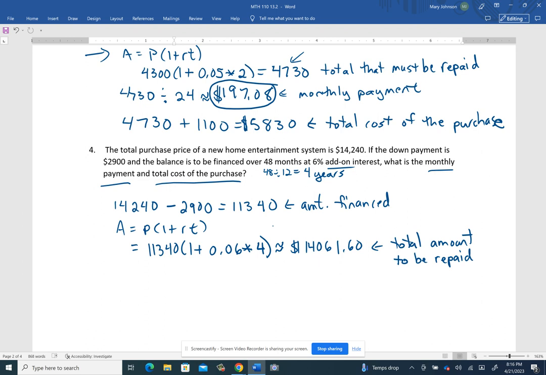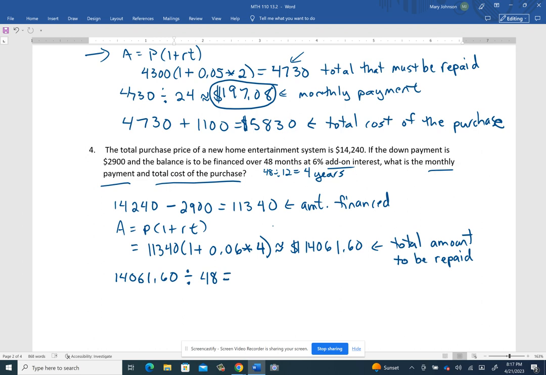All right, now I need the monthly payment. So if I know the total amount to be repaid is $14,061.60, and I'm going to have this loan for 48 months, couldn't I divide by 48 to get the monthly payment?